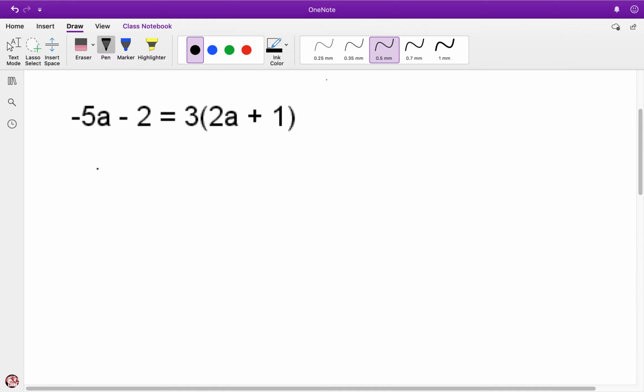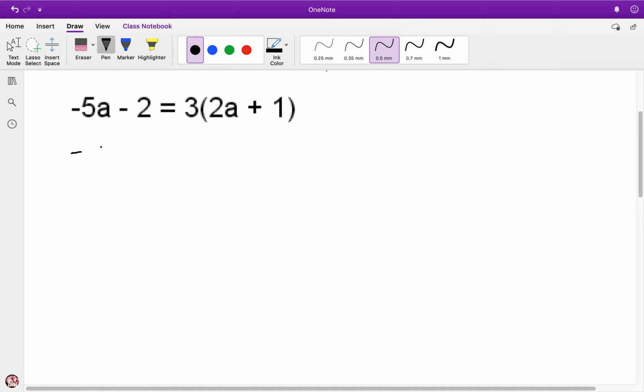Okay, so starting here, there's nothing to do on this side, so we're going to leave it as is. Here, we're going to distribute. So we're going to multiply this into these two spots.